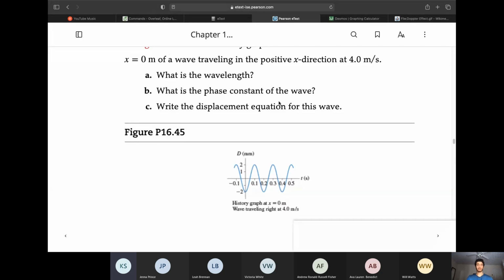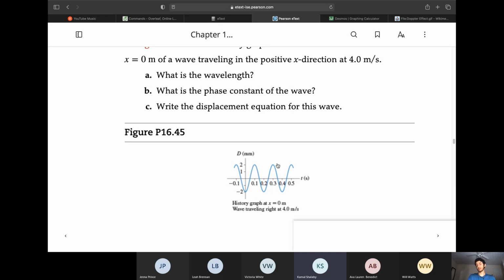Okay. So the second question is, what is the phase constant? To find a phase constant, do we need it over time or do we need it over distance?